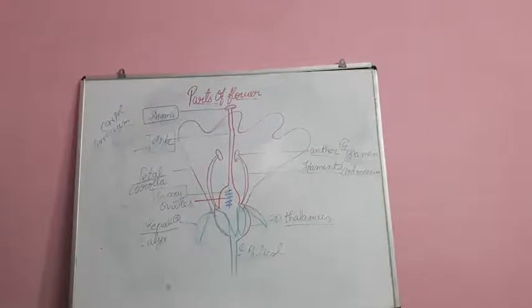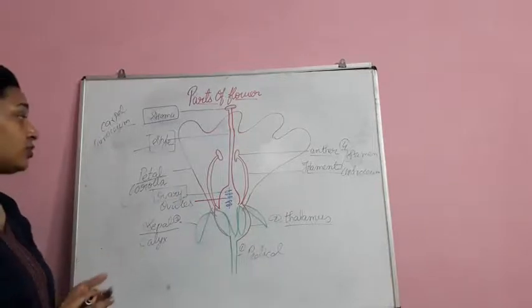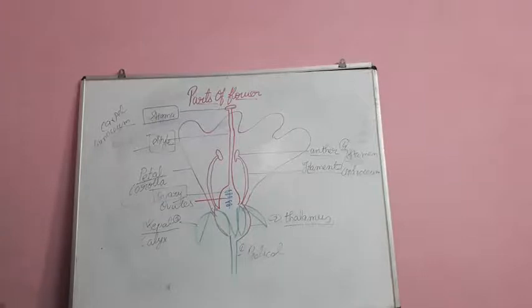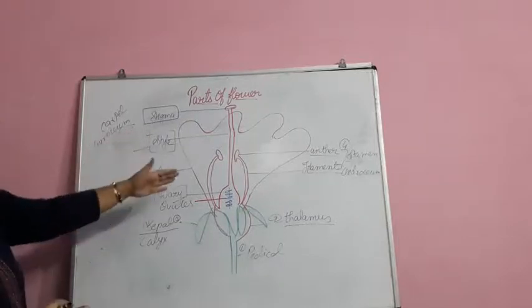So further, let's start with the different types of flowers which we can see now. The flowers which you can see over here are both unisexual and bisexual kinds of flowers. Unisexual flowers are those flowers in which you can find only one of the essential reproductive organs.